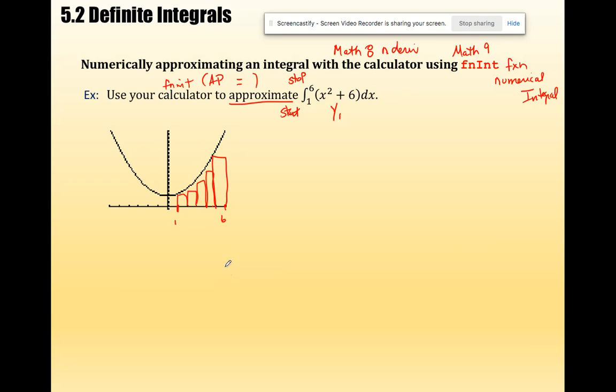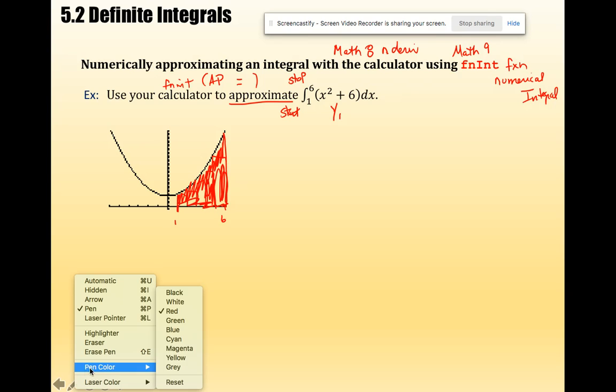When you do an infinite amount, now your calculator isn't actually doing an infinite amount, but it's doing so many it's not going to matter. With all of those rectangles, I'm going to get really, really close. And again, AP allows you to say exact area under this curve.